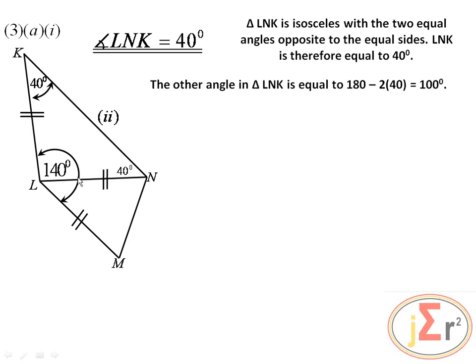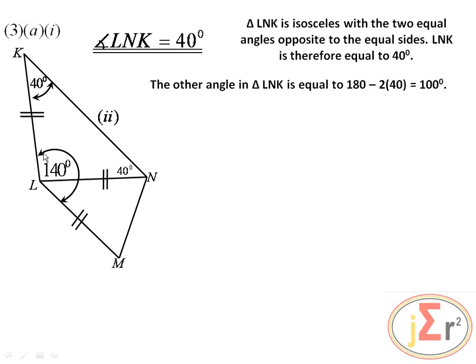And of course, this angle is inside of the isosceles triangle, in which the two equal angles are equal to 40 degrees. When the angles of a triangle are added, we get 180 degrees. So all we need to do is take away these two from 180, and we will get the size of the angle that we have right here. So no problem with that.